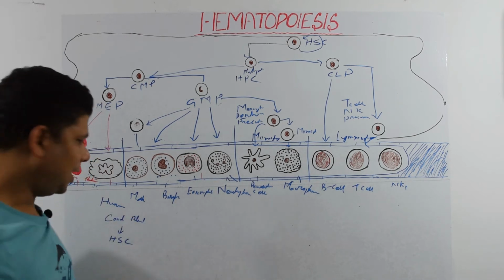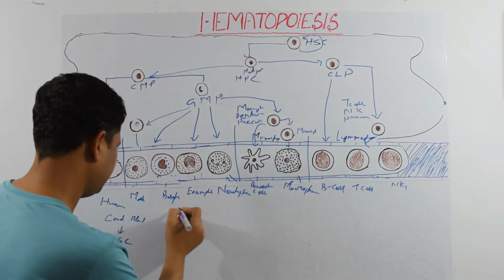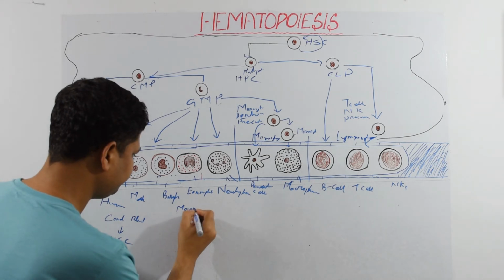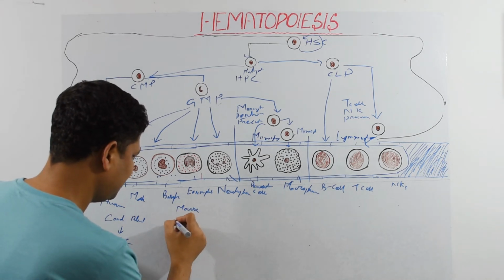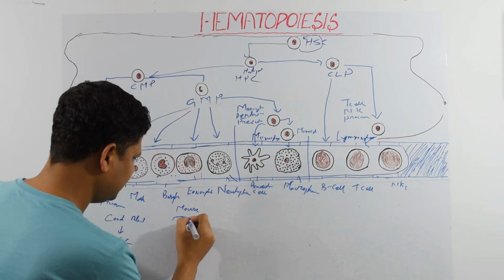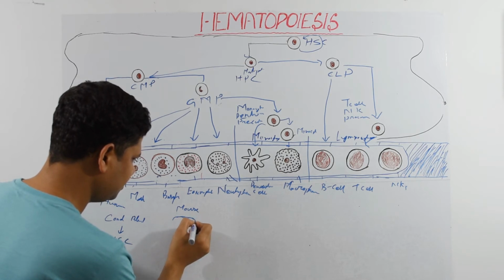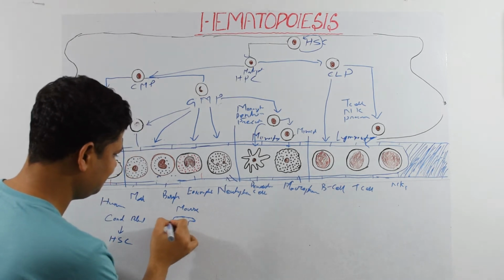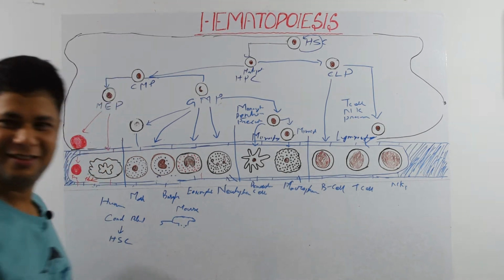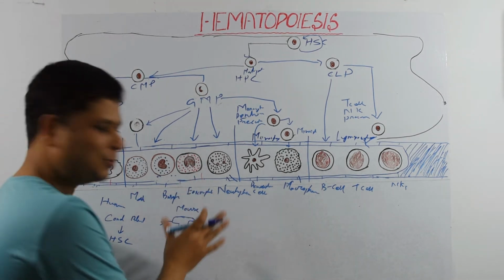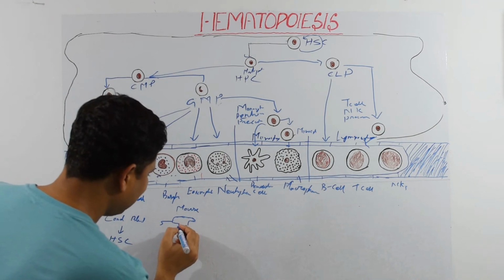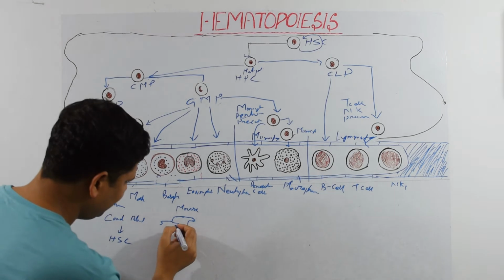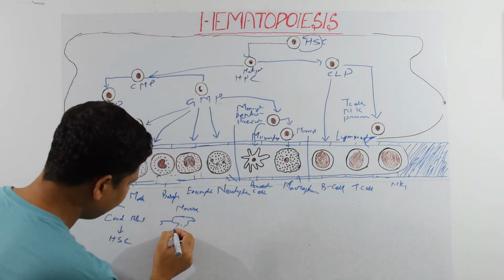And in mouse, how do we collect hematopoietic cells? Suppose this is one mouse, and we isolate the femur, the bone marrow, from the mouse.